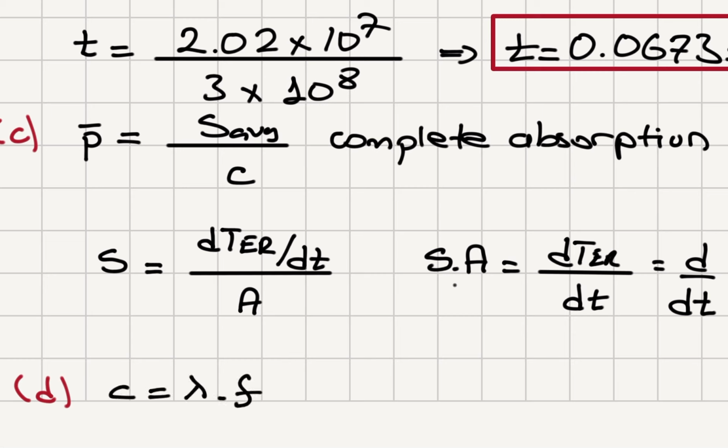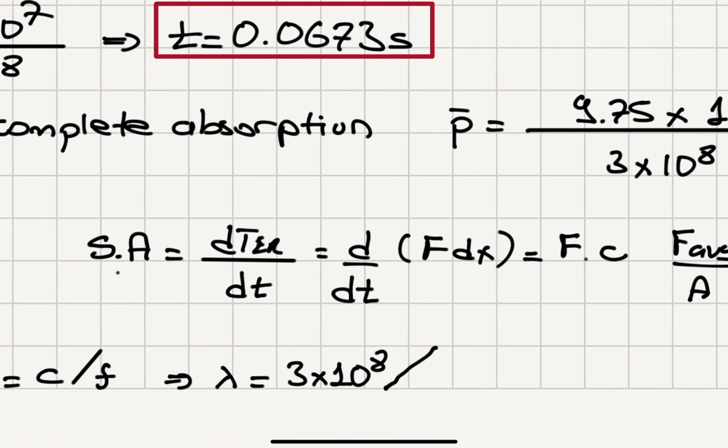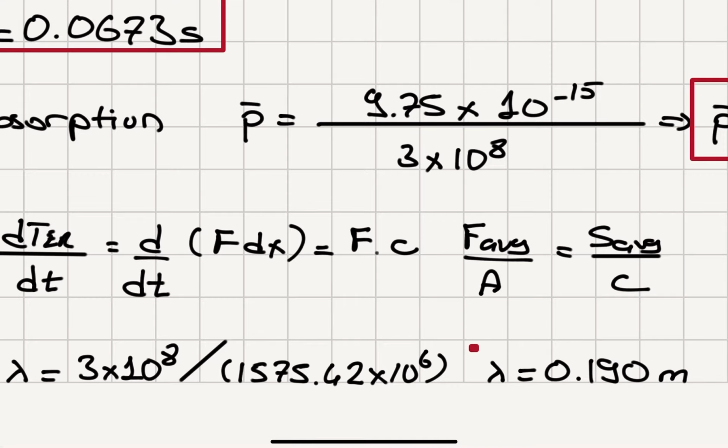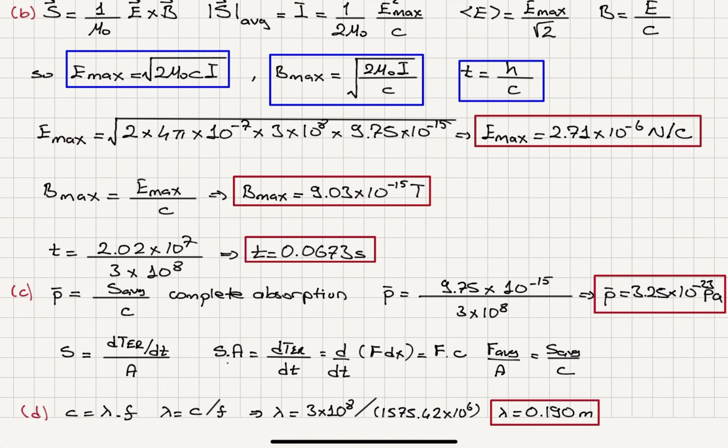So this gives us a wavelength of 3 times 10 to the 8 meters per second divided by the frequency 1575.42 megahertz, times 10 to the 6 hertz. So we find that the wavelength is 0.190 meters. It is simply c divided by f.